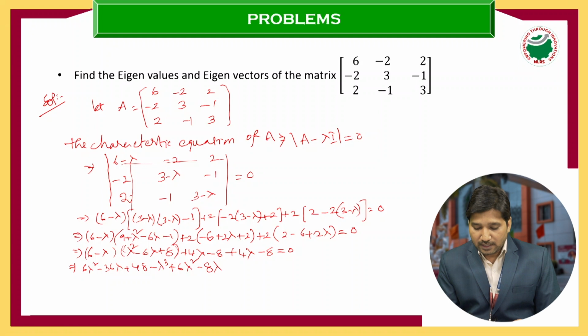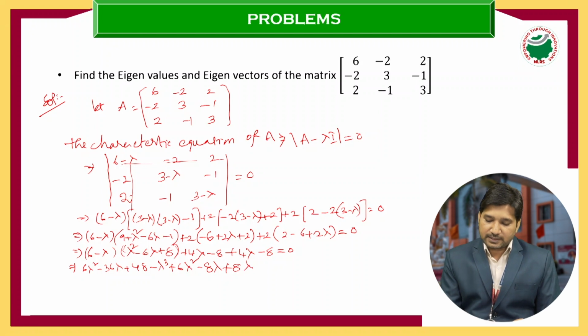The remaining part is 4 lambda plus 4 lambda, 8 lambda, minus 8 minus 8, that is minus 16.